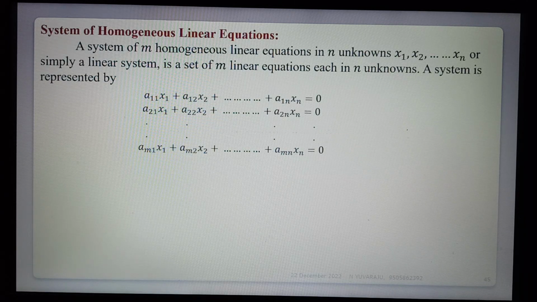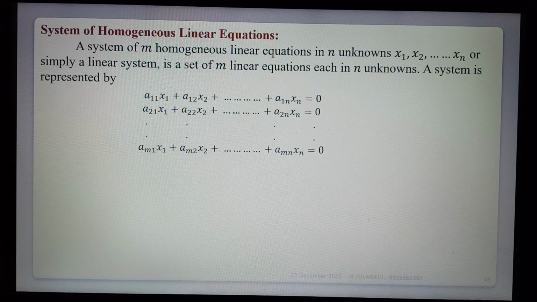The second equation, a21 x1 plus a22 x2 plus up to a2n xn is equal to 0. And so on up to the mth equation, am1 x1 plus am2 x2 plus up to amn xn is equal to 0.